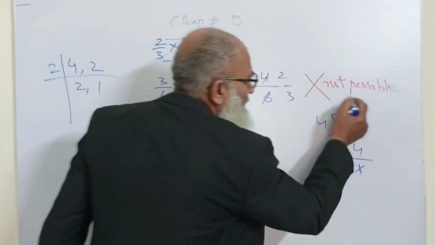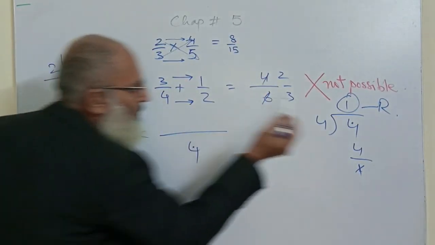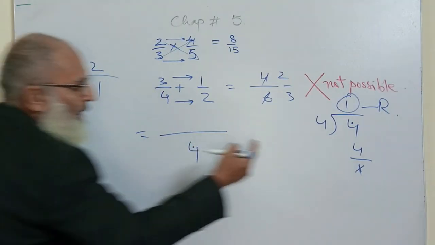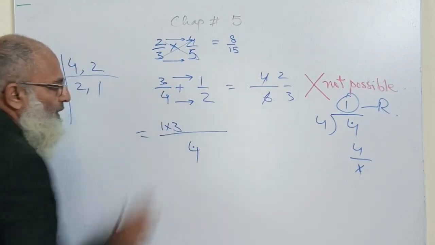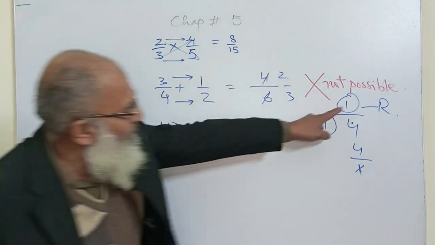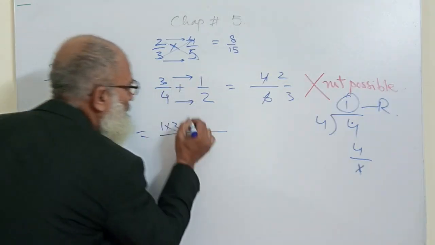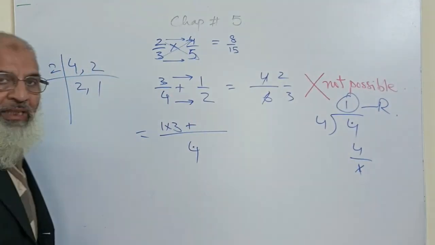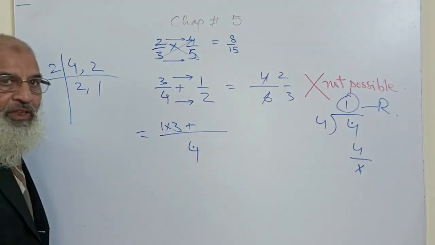And whatsoever is the quotient, we'll multiply it with this numerator. Multiply this quotient with this numerator and put the sign whatsoever was there. If this was plus, put a plus sign. If it is minus, put a minus sign over here.